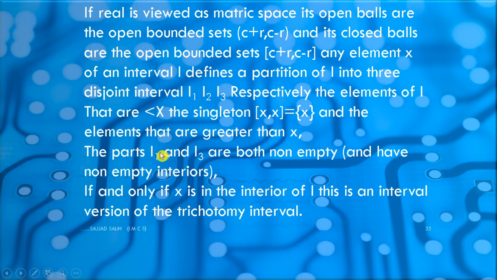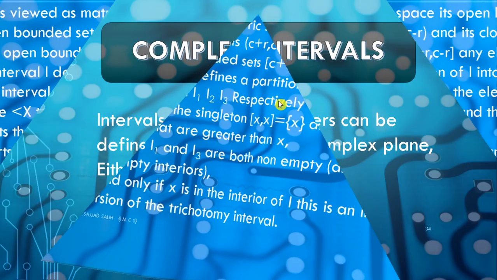The parts I1 and I3 are both non-empty and have non-empty interiors if and only if x is in the interior of I. This is an interval version of the trichotomy. So let's move on to the next slide.